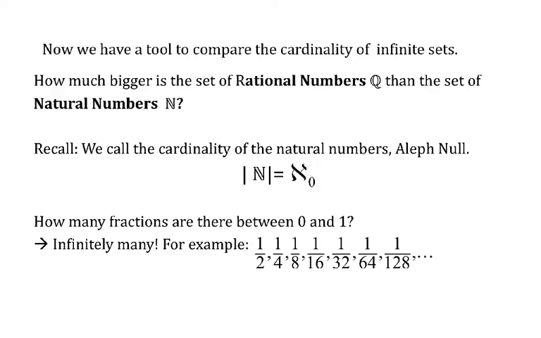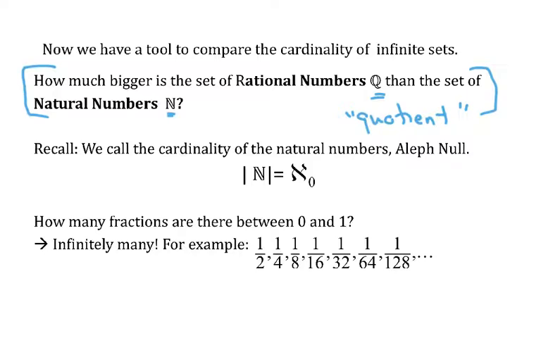So, one question that we are going to answer, among others today, is how much bigger is the set of rational numbers? We use this symbol Q. Remember that came from the word quotient. How much bigger is that set than the set of natural numbers, which gets this N symbol?